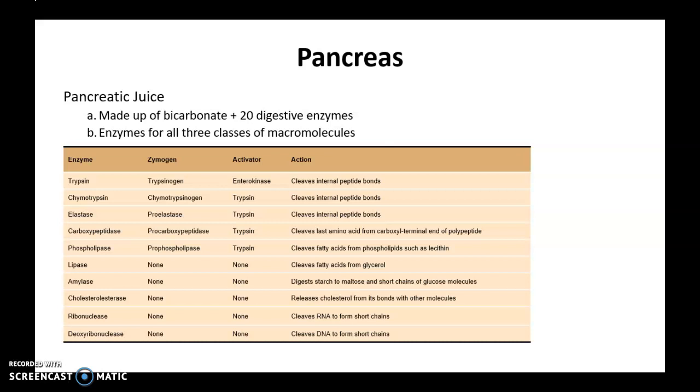So again, the pancreatic juice is made up of a lot of bicarbonate and about 20 different digestive enzymes. The chart is showing us a lot of enzymes, their zymogen form, what activates the enzymes, and the function of each enzyme. I do not expect my students to memorize all these, but I want you to understand something.